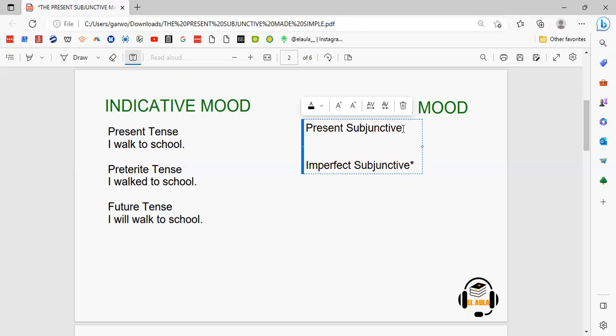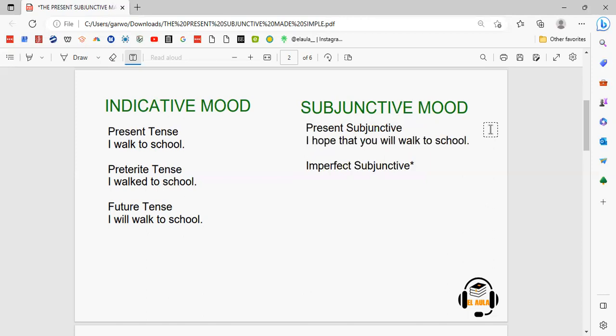So to use an example that I mentioned not too long ago, if we were to say, I hope that you will walk to school, we would use the subjunctive to express this because for starters, there is an indication that there's some level of desire or hope or uncertainty.